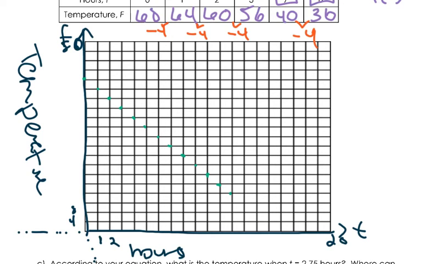You could probably just make this go all the way, and you could draw your line. Now, am I going to have arrows? No, because we're not going into negative time. And we're not going to go into negative degrees in this scenario. So we're just going to keep it just like this.